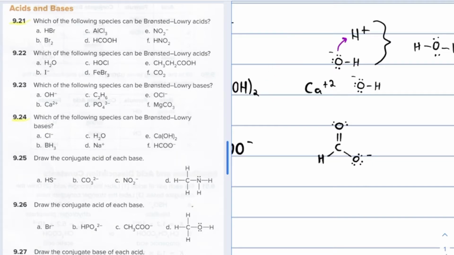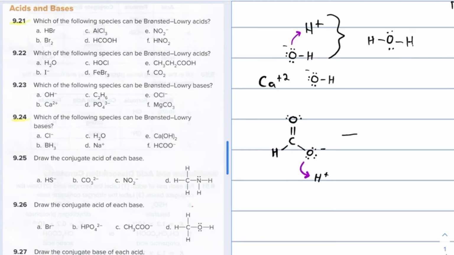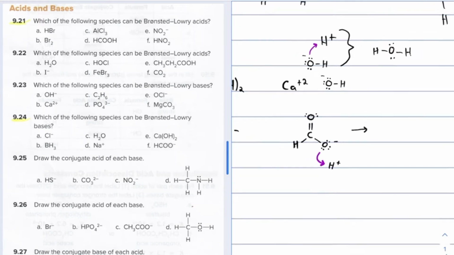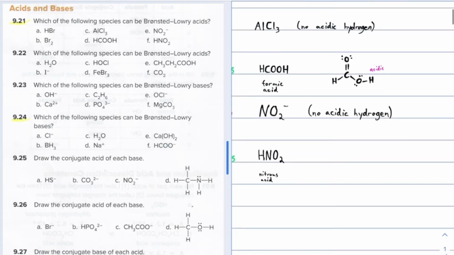And imagine this formate ion sees a proton and it grabs onto it. What do you think it would turn into? Well, it'll turn into formic acid. Let me just copy and paste that. So where's that formic acid?